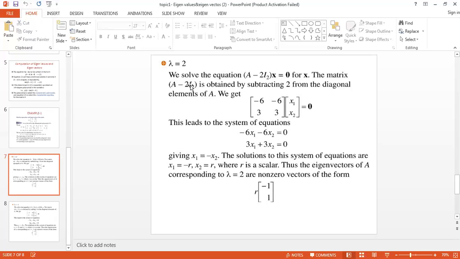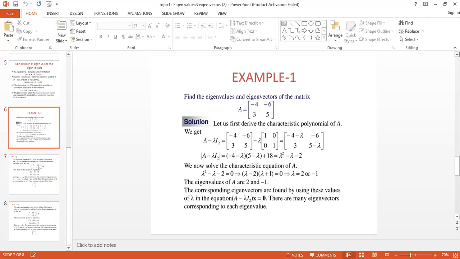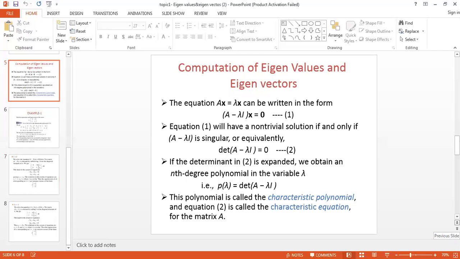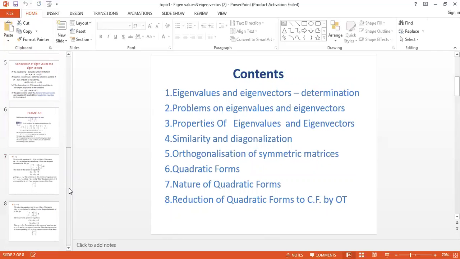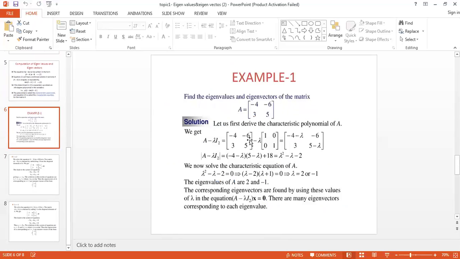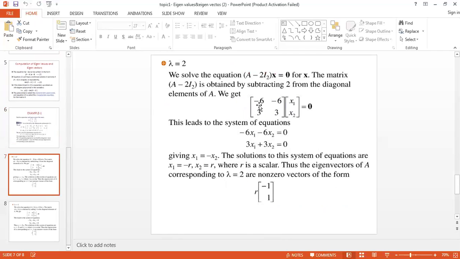The matrix A minus 2 I2 is obtained by subtracting 2 from the diagonal elements of A. We get, here you write lambda equals 2: [-4 minus 2, -6; 3, 5 minus 2], so [-6, -6; 3, 3]. X vector is [x1, x2] equals [0, 0].